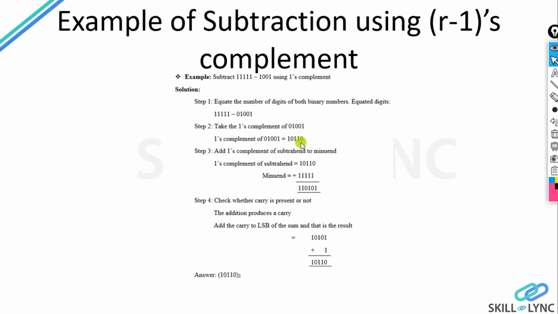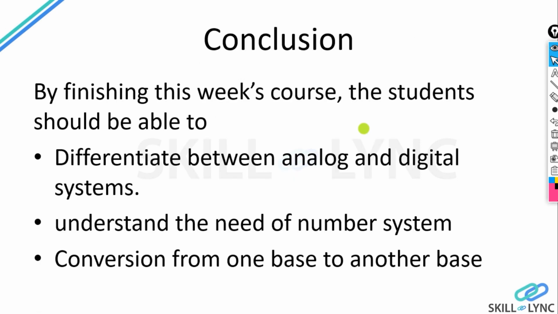You can check whether carry is there just by counting the number of digits. And you can know whether it is r's complement or r minus 1's complement from the number system: in the decimal number system, 10 is the r's complement and 9 is the r minus 1's complement. So this is all about subtraction using r's and r minus 1's complement.